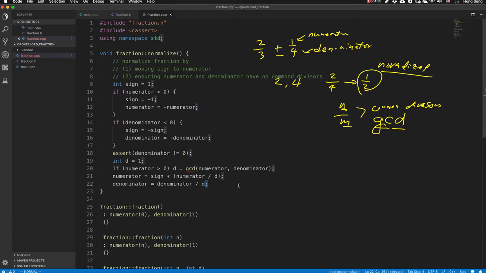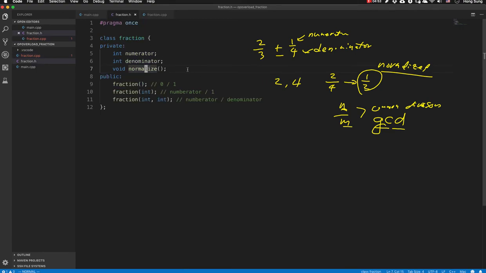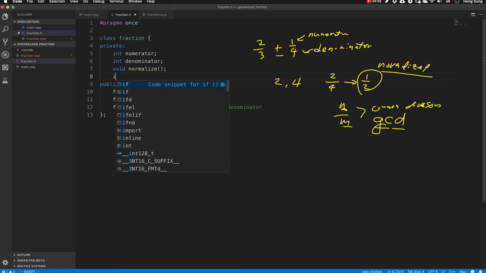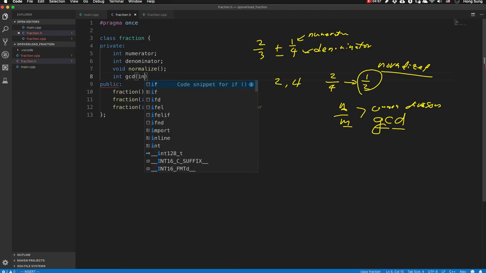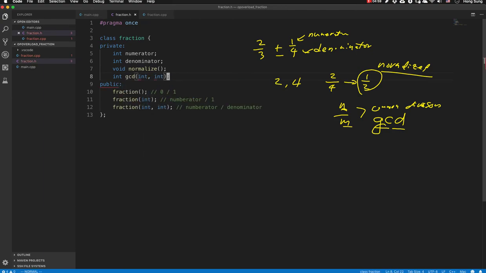So now what is left over is the greatest common divisor function. Actually, you can do a Google search to find such an algorithm, and one of the most famous ones is Euclid's greatest common divisor algorithm. So let me just use it. It's integer GCD given two integers; we are going to find their greatest common divisor.